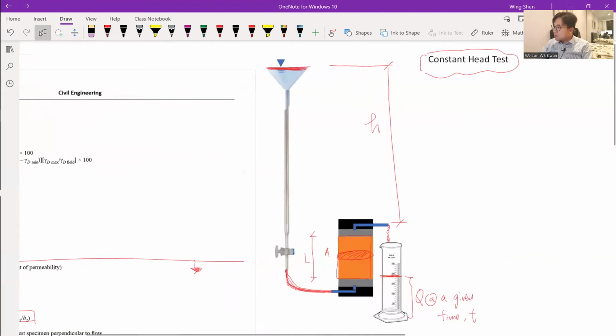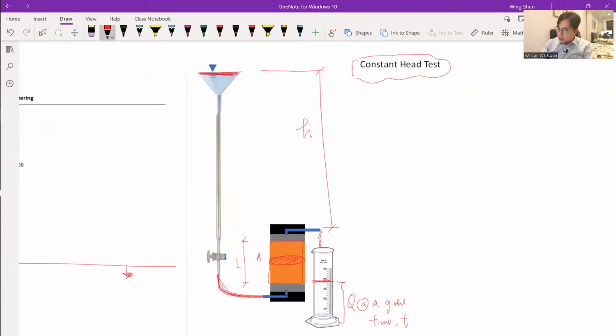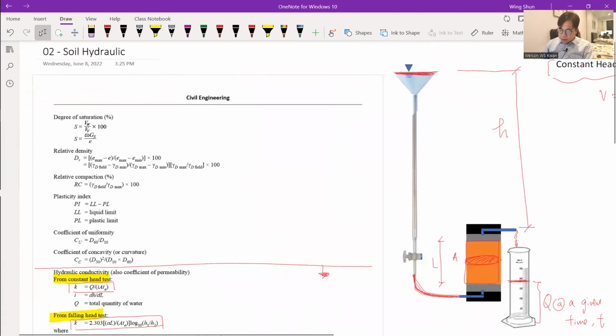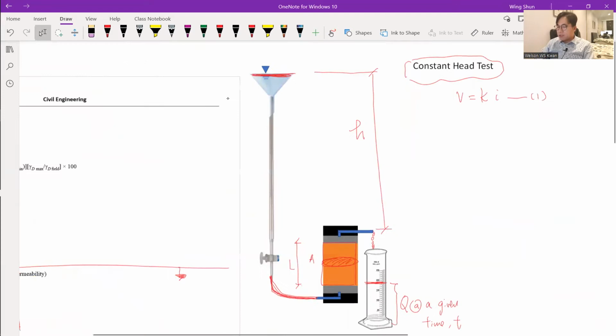We start from a formula: the discharge velocity of water is equal to the hydraulic conductivity times the gradient. This is our first equation, and you can also see it in the FE manual, where we call it the discharge velocity of water coming out of the soil.